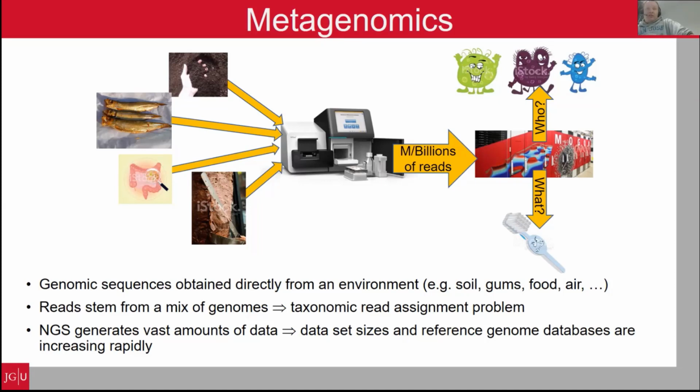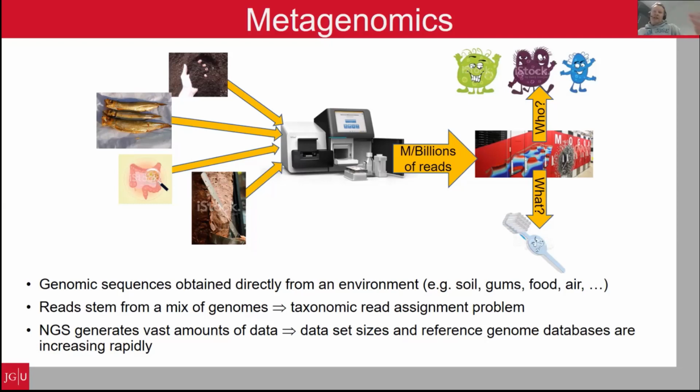And so this task includes then two data sets, right? A data set of those reads that come from your sequencer. And in order to try to find out the taxonomic origins of these reads, you compare them to a huge database of reference genomes.